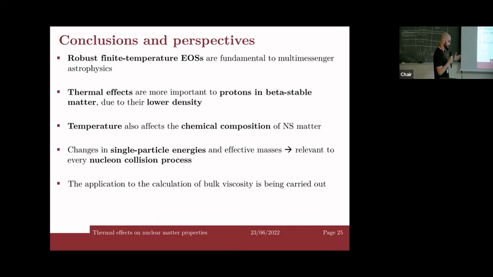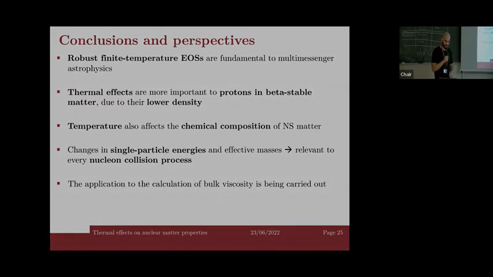And if we want to study phenomena involving neutrino reaction rates, for example, bulk viscosity, we should bear in mind that these single particle energies and effective masses depend not only on the density, but also on the temperature. And finally, something that I have been doing now, I'm applying these calculations to try to compute the bulk viscosity of this hot neutron star matter.